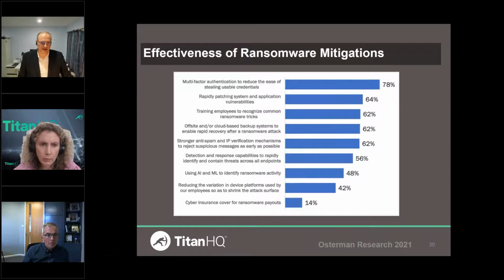We saw that recently with a file sharing system out of America, where the vendor in question acknowledged that there was a vulnerability and released a patch within 72 hours. But in that 72-hour window, 50 of the customers that used that tool were compromised by a cyber gang using that vulnerability. We've got the training issue here in number 3, training employees to recognize common ransomware tricks.